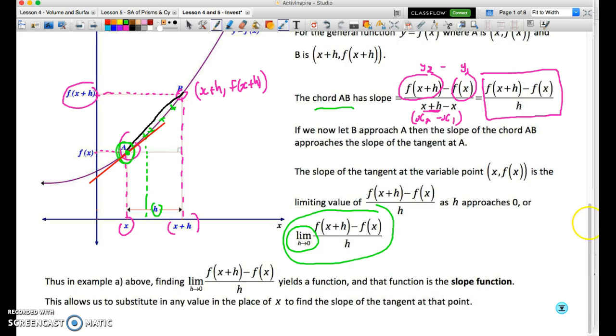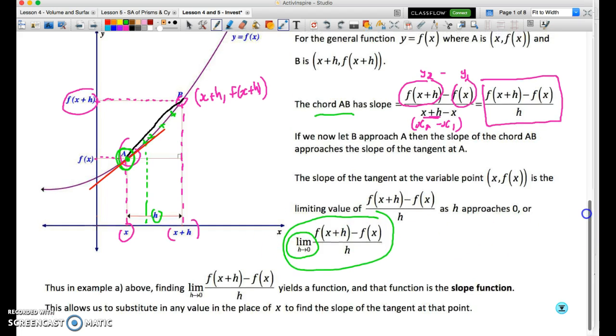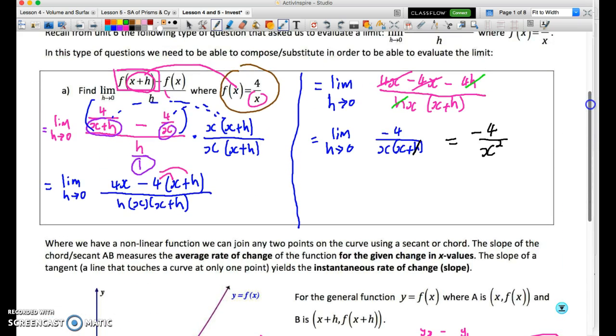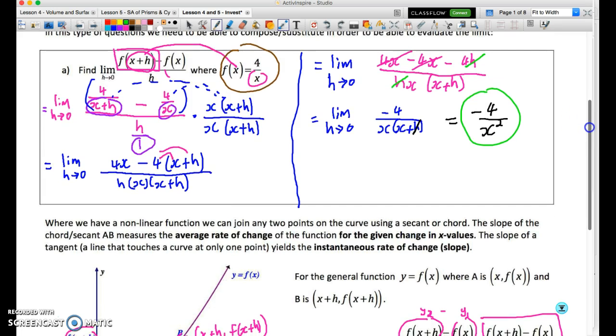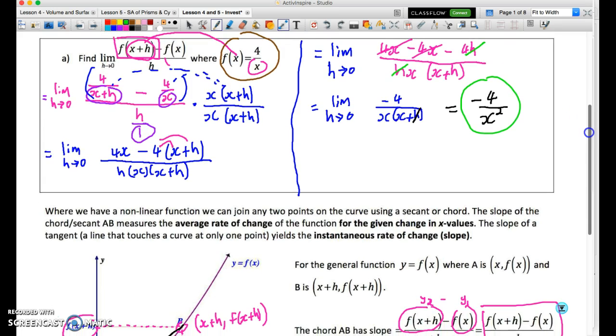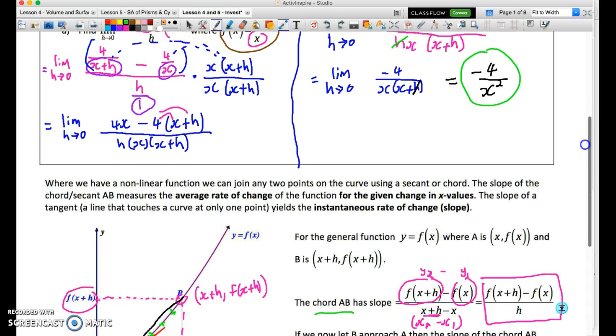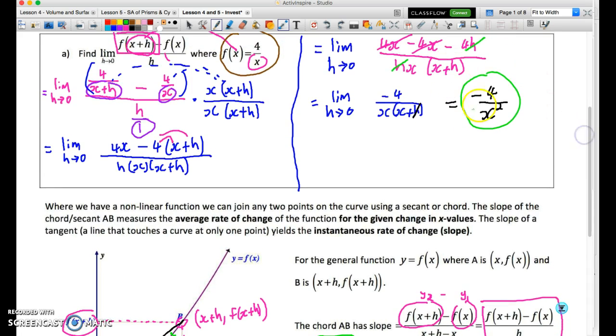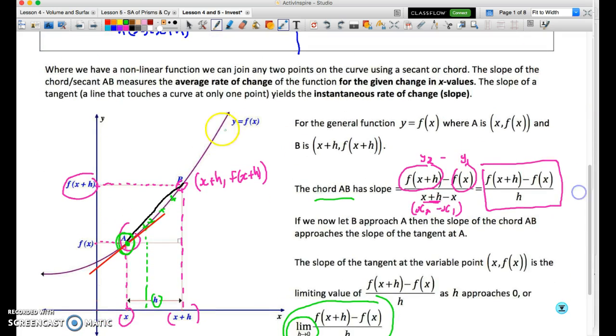When we do the slope of the tangent at point A in general form, as we did in this example over here, then what the limit yields is in fact the slope function, which means it yields a function which, for each different x value substituted in, will give you the slope of the tangent for the given curve f of x.